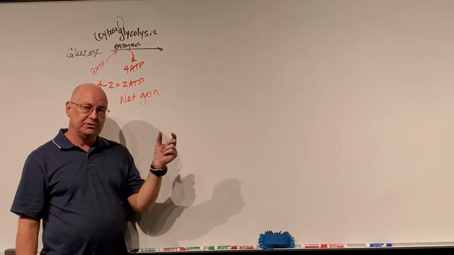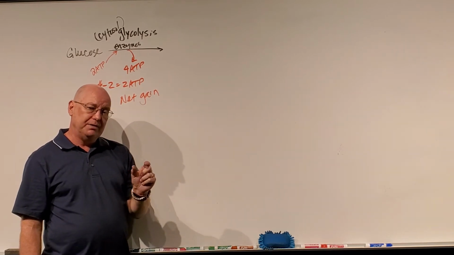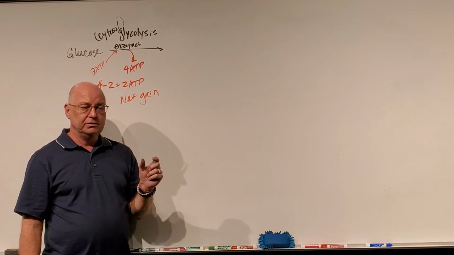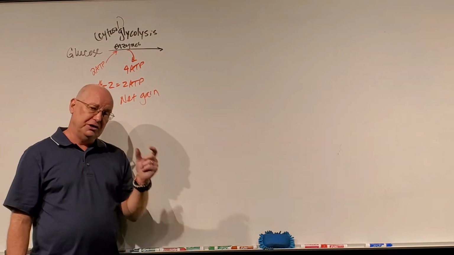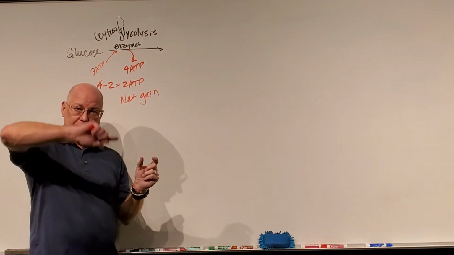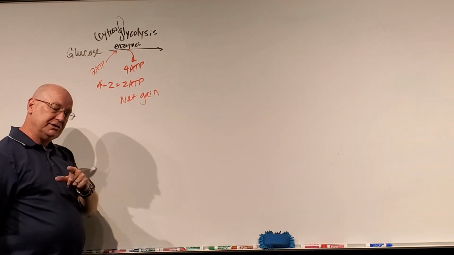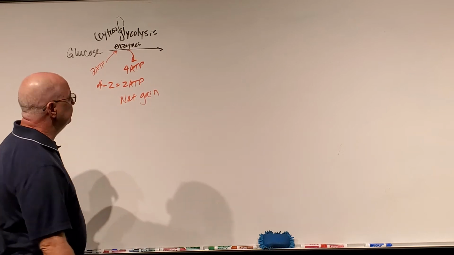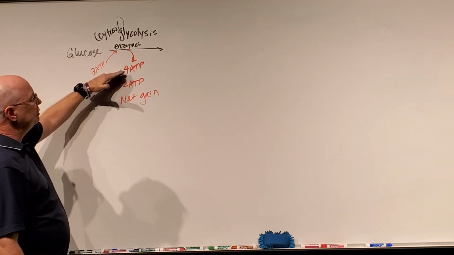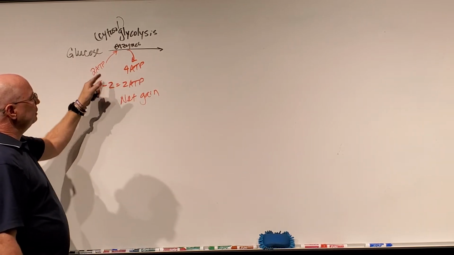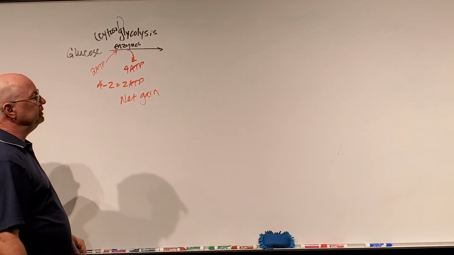Let's say it's $5,000, and then what they put in your bank account, let's say $3,000 or $3,500, that's your net pay. The rest went to the government and taxes and everything else, which if you ever get to see your paycheck, it's alarming how much they take. So it takes 2 to get started. We produce 4. 4 minus 2 gives us a net gain of 2 ATP.